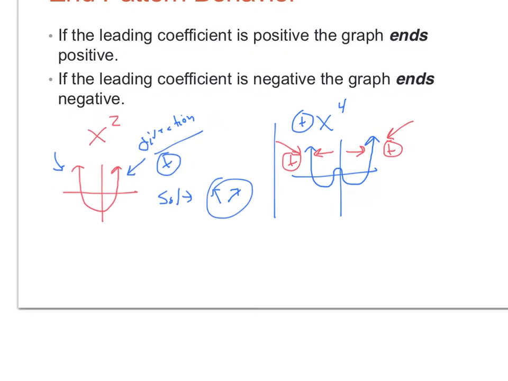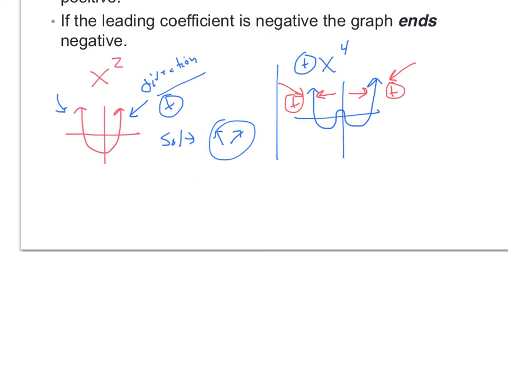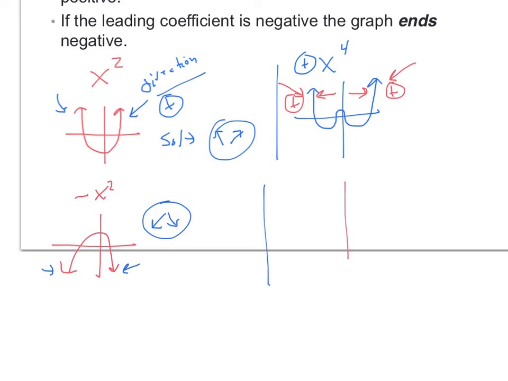Okay? And so if I then have an even function and there's a negative in front, it opens down. So I look and see what happens. Both the tails are moving in the down direction, so my end behavior would be two arrows pointing down. Same thing with a quartic function.